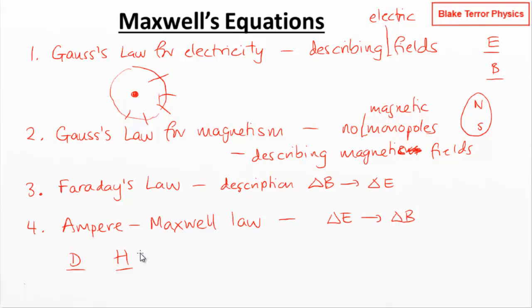It can be easier to apply Maxwell's equations to larger scale macroscopic behavior if you're using D and H fields. They're a bit more intuitive, they're easier to apply, but they're not as foundational, and they depend upon some experimentally determined parameters.